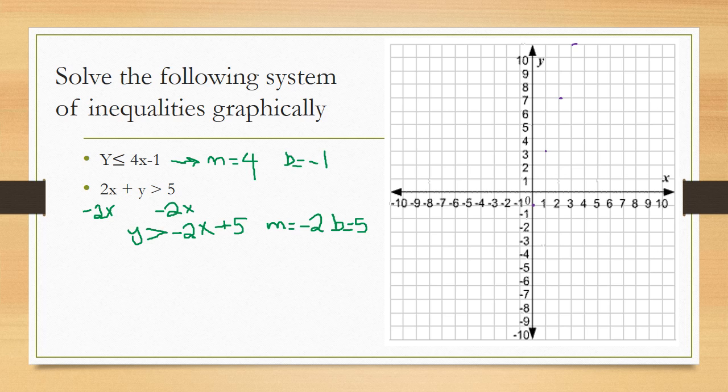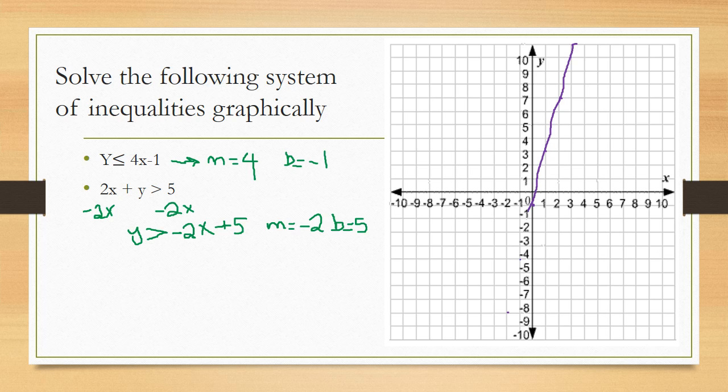Doing the opposite on the other side, I'm going down 4 to the left 1, and repeating. Since I have less than or equal to, that means I need to make a solid line between these points.